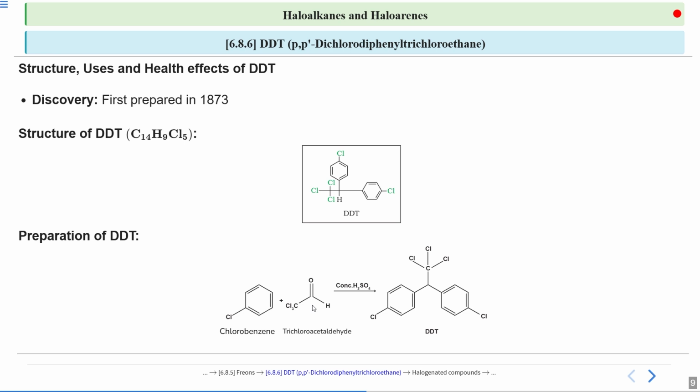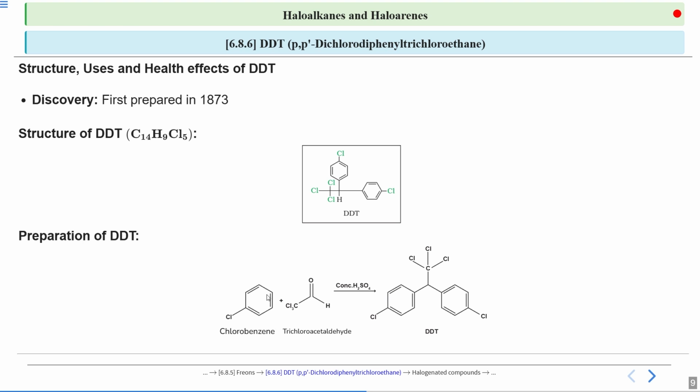This is an aldehyde because the CHO group is present here, and the name also has aldehyde. It is having CCl3, that means 3 chlorine atoms. So this reaction will happen in the presence of concentrated H2SO4, sulfuric acid, and you will get your final product as DDT.